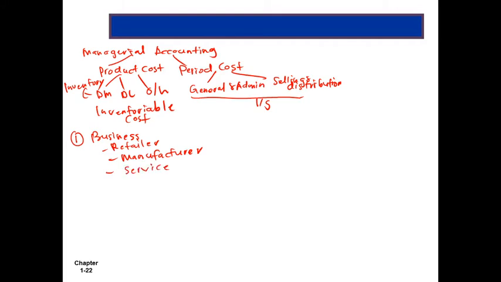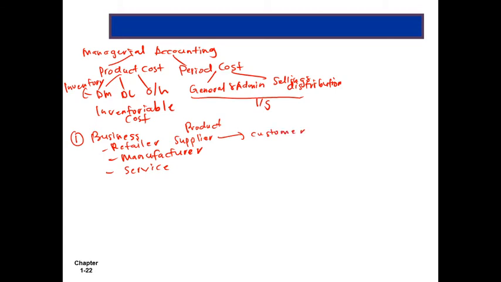Okay, what is a retailer? The previous slides said a retailer actually sells the goods as you receive them from the supplier. That is how I paraphrase it. For a retailer, you get your product from a supplier, and how you buy from your supplier is how you sell to your customer.